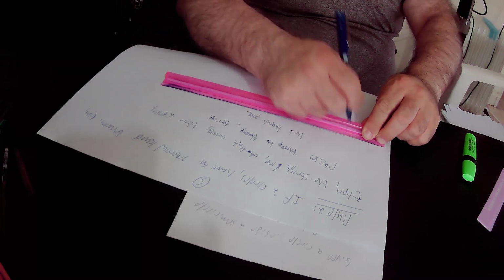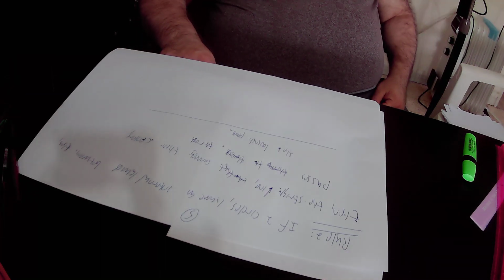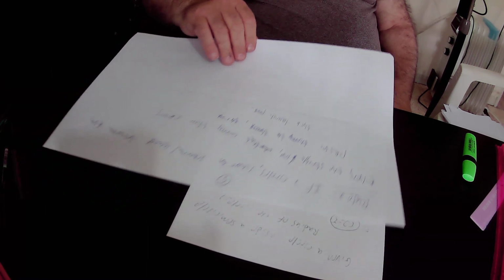So I read rule number 2 again. According to rule number 2, if two circles have an internal launch between them, then the straight line that connects their centers passes through the launch point. So what is the meaning of rule number 2?